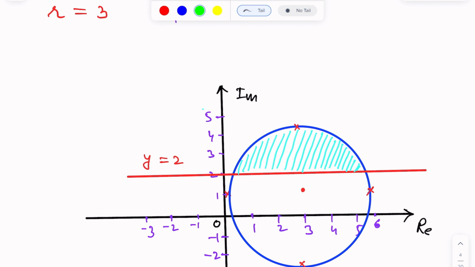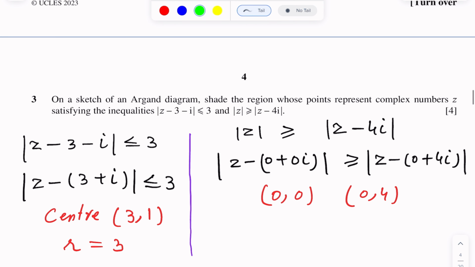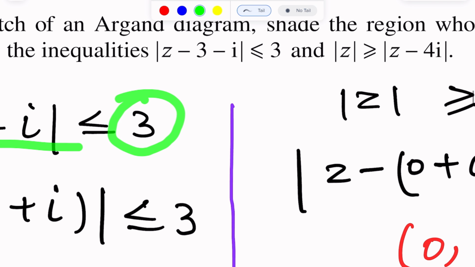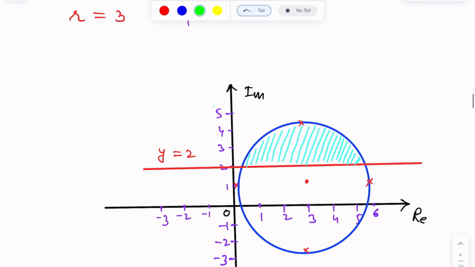Now we will shade the region which satisfies both the inequalities. Look at this. First inequality, radius is 3 or less than 3. This shows that z lies inside the circle or on the circumference of the circle.